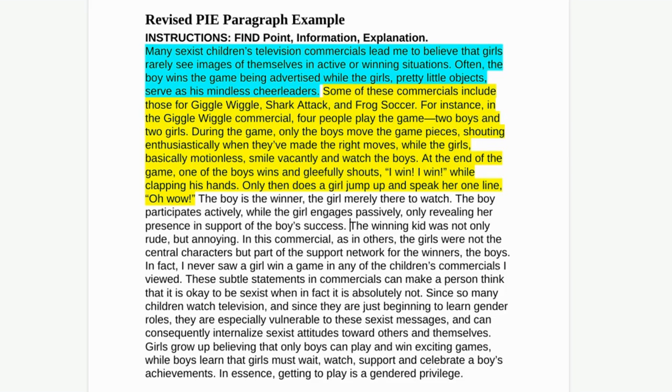Maybe someone else could see that commercial and say, no, that girl is part of the support network for the boys. Then the boys can't figure the games out on their own. I don't know, right? But note how this is an opinion. This is a reaction to a fact, to a description, to a commercial.